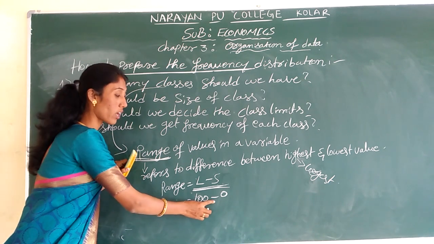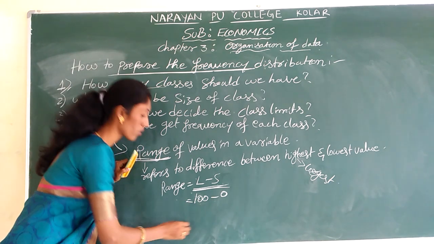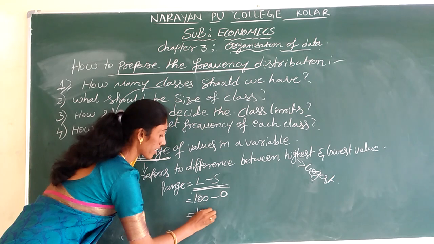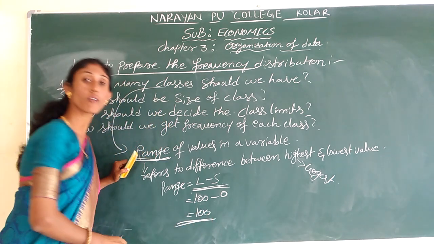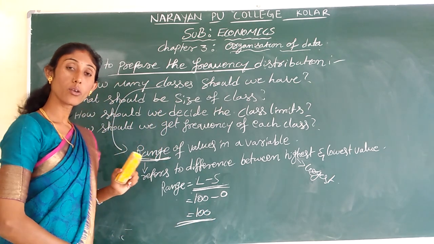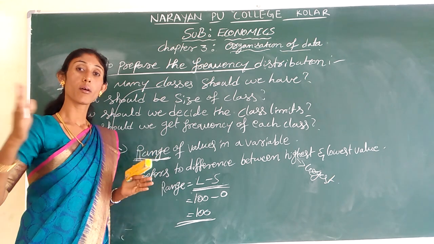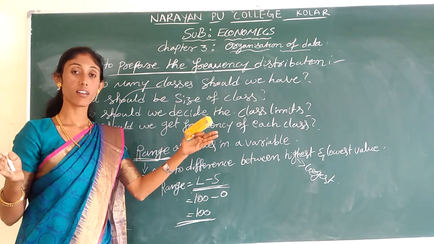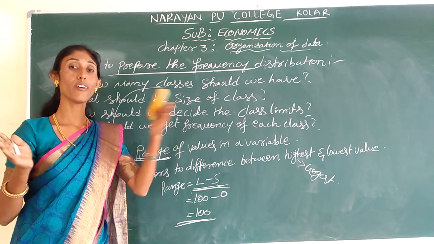Then largest value minus smallest value is 100. Then we got the range of the values. The values are from 0 to 100.